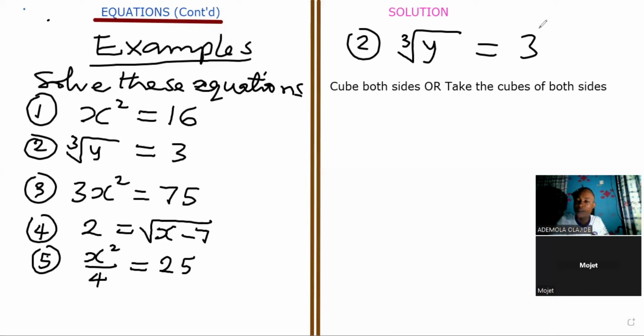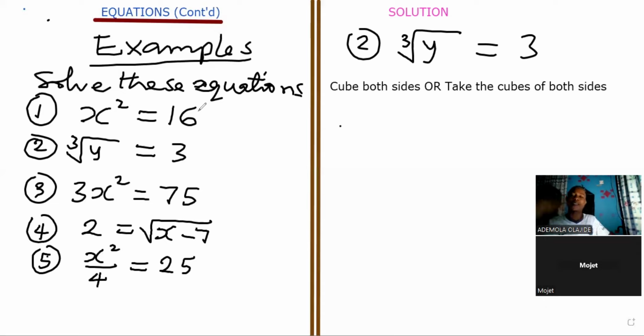If you remove square to the other side, it becomes square root. What's the opposite of square? Square root. Exactly. That's what we did in example 1. This square, you remove it to the other side, it becomes square root of 16. But if it is square root that you remove from x to the other side, it will become square when it gets to where it's going. Is it clear?